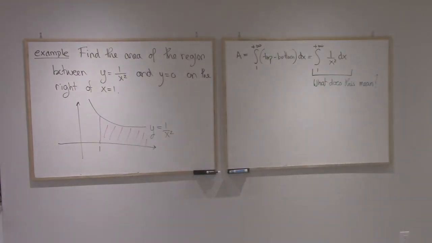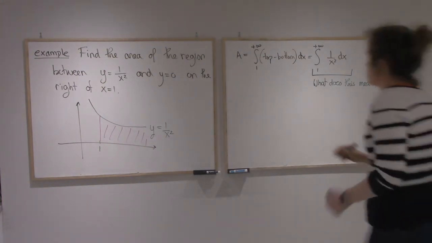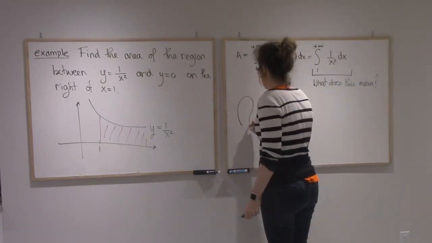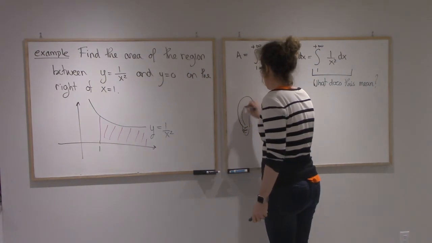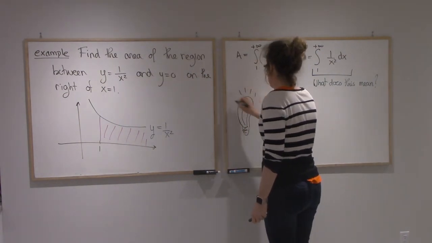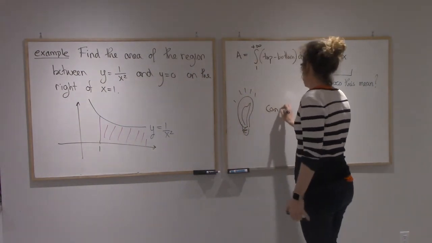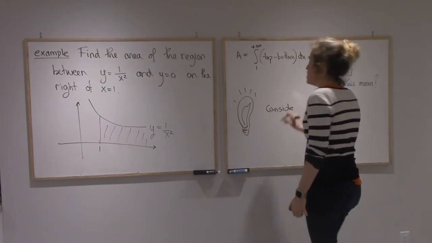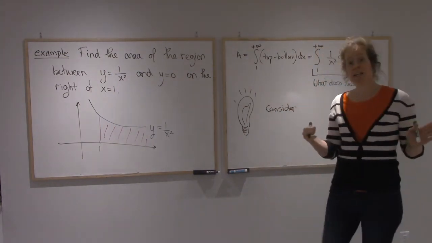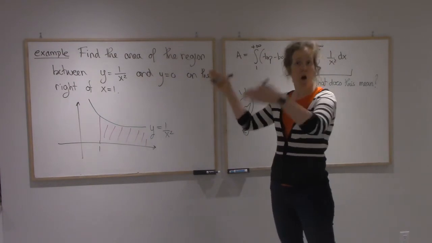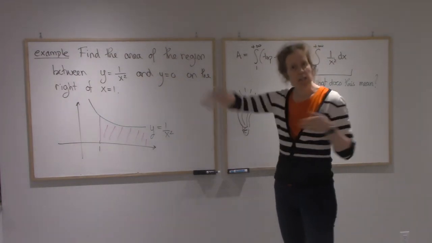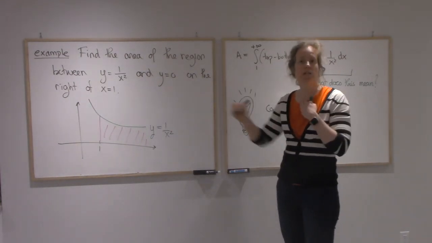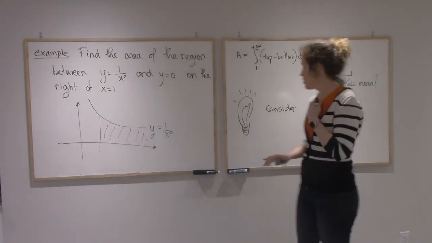So that's going to be my idea. I'm going to look at regions that look like this but are bounded. And then I'll take a limit of these areas for regions that are closer and closer to the one I care about.